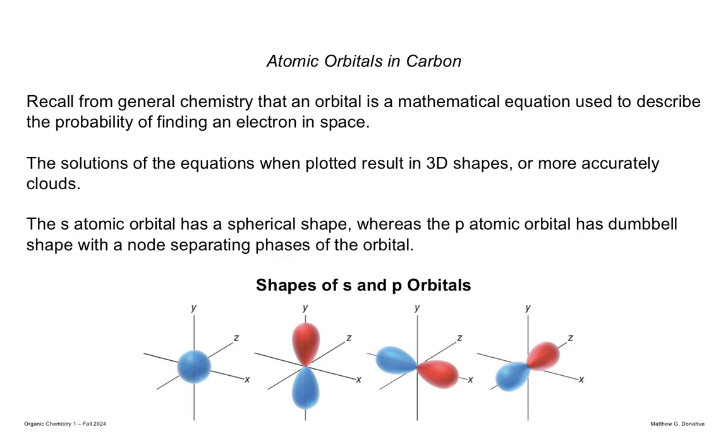So to understand this, these are the two types of atomic orbitals we need to remember. So S and P. The S orbital was spherical shaped. And then the p orbitals are dumbbell shaped. Notice that for the p orbitals, there's 3 of them.